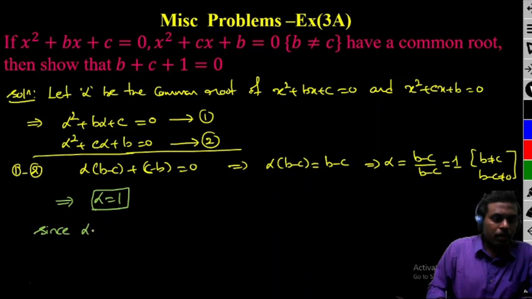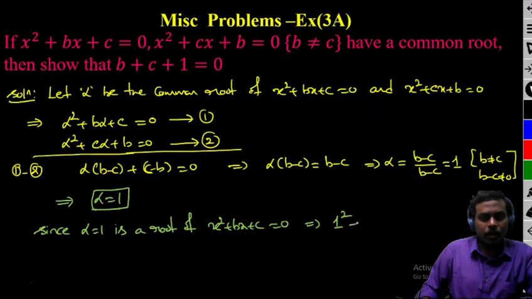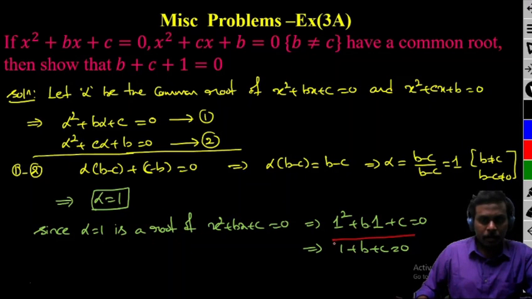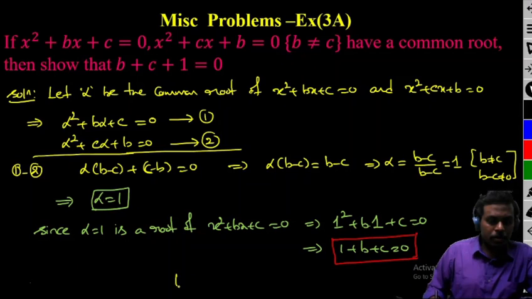Since alpha is equal to 1 is a root of x square plus bx plus c is equal to 0, implies 1 square plus b into 1 plus c is equal to 0, implies 1 plus b plus c is equal to 0. Here we have proved, hence the solution.